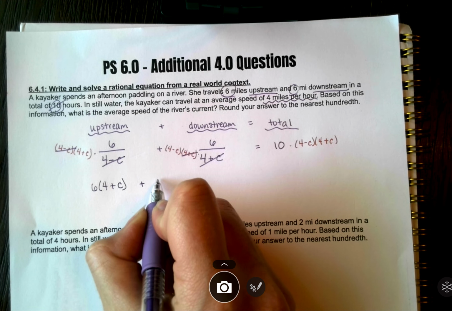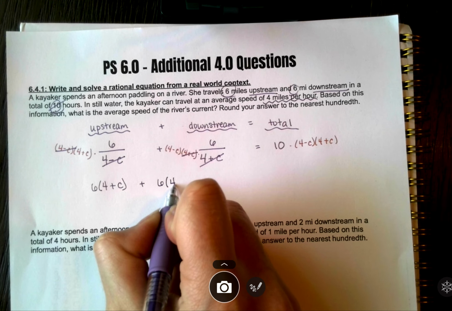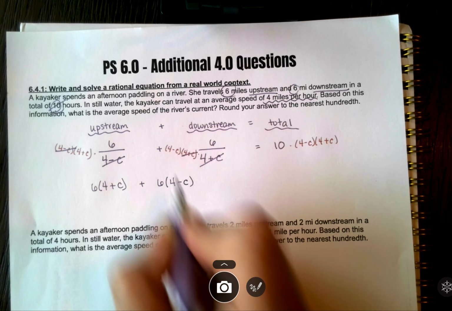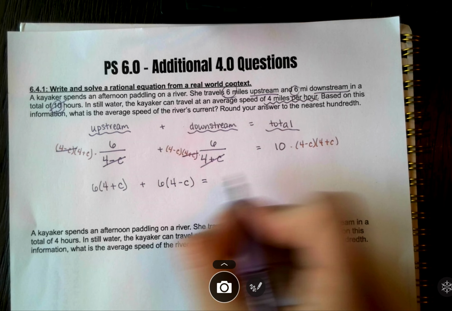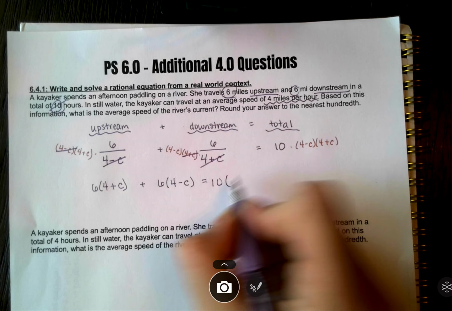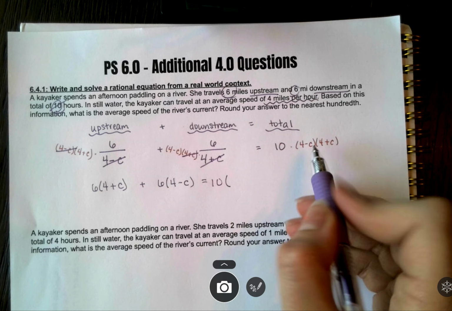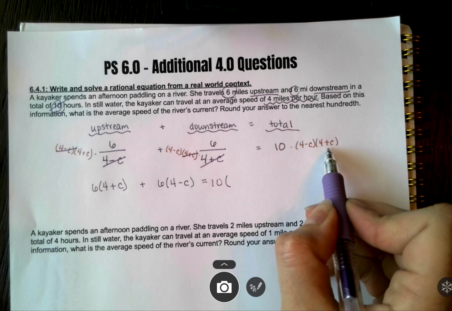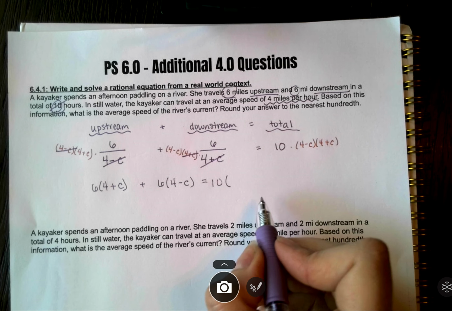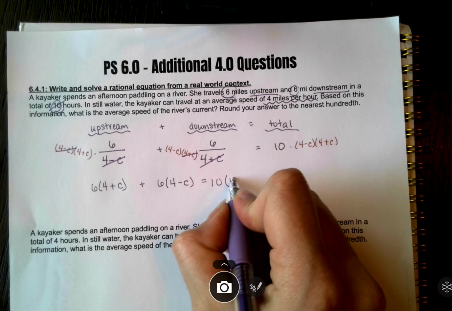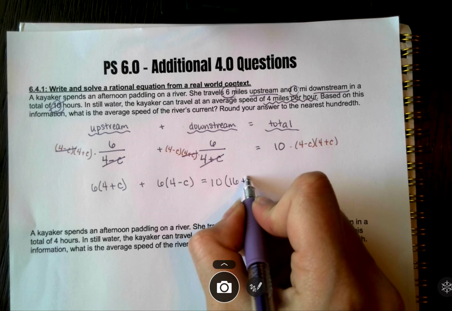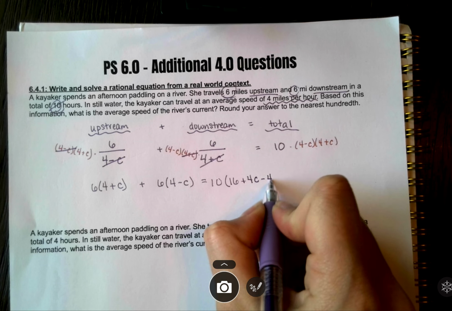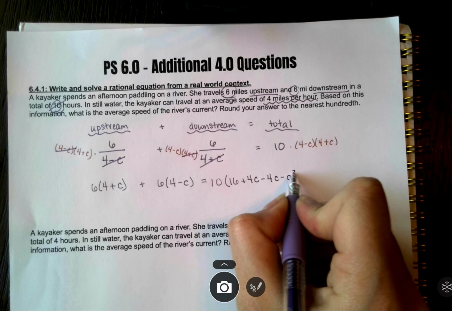And then I have, for my middle term, 6 times 4 minus c, because that's what's left over. And then here I have 10 times both of these, and I'm going to multiply these together first before I multiply the 10 in. So 4 times 4 is 16 plus 4c minus 4c minus c squared.